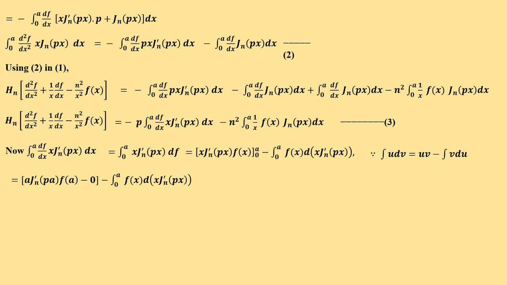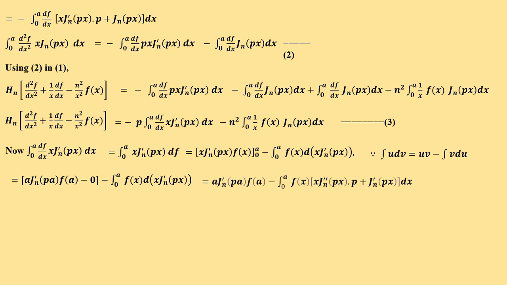That is equal to, applying the upper limit, a into Jn dash of pa f of a minus 0, applying the lower limit you will get 0, minus integral 0 to a f of x into derivative of x Jn dash of px.